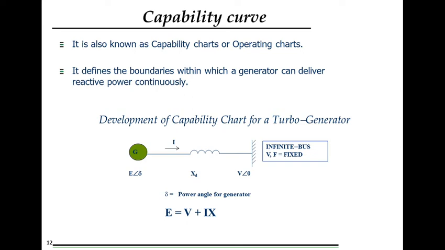Active power delivery is limited by the power delivery capacity of the turbine and heating of the stator winding due to the flow of current. Reactive power, which a generator can deliver continuously without overheating, is governed by three parameters: first, the armature current limit; second, the rotor current limit; and third, the end part or end ring heating.